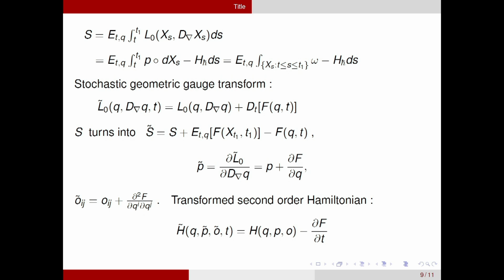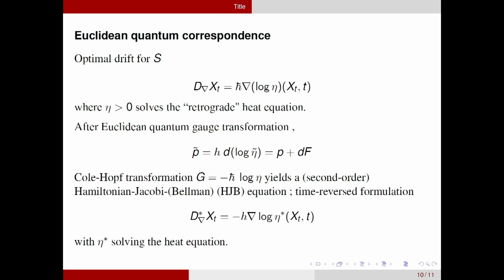So the new momenta are transformed like this. This one, of course, we cannot guess. It is the result of the calculation. But the good news is that the new Hamiltonian is essentially the same as classically, except for the additional term corresponding to the diffusion.